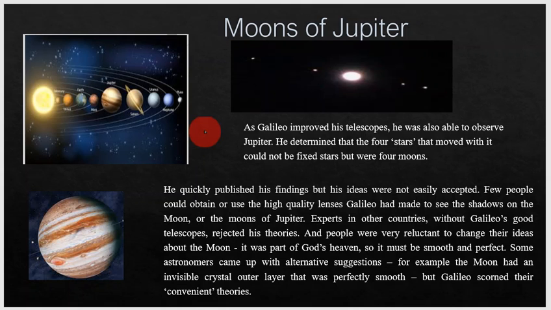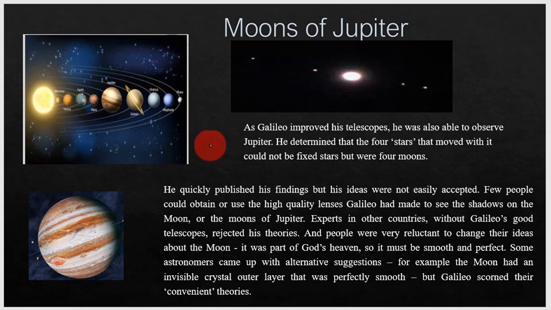So as Galileo kept improving his telescope and it kept getting better and better, he was able to observe Jupiter. Okay, so this is Jupiter here. He observed how these objects, which they thought were stars at the time, changed in relation to the planet itself, Jupiter.